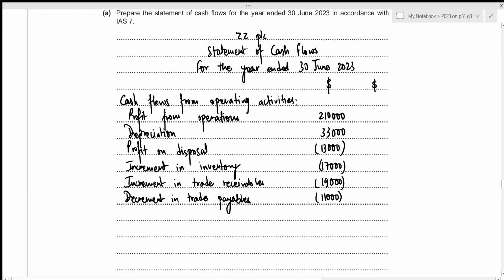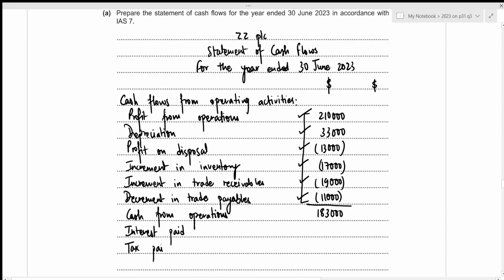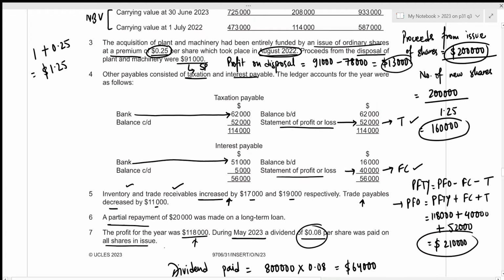Okay, now the next step would be to calculate the cash from operations. That is just going to be the sum of these amounts. That will be 210,000 plus 33,000 minus 13,000 minus 17,000 minus 19,000 minus 11,000, which results in 183,000. Now we need to include the interest paid and tax paid. And this information was also given above.